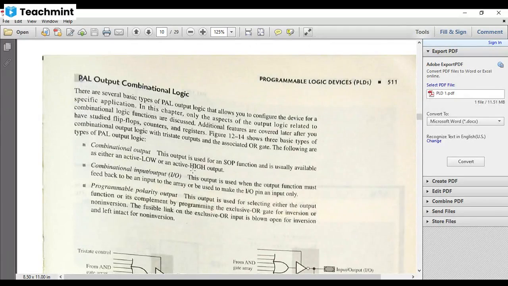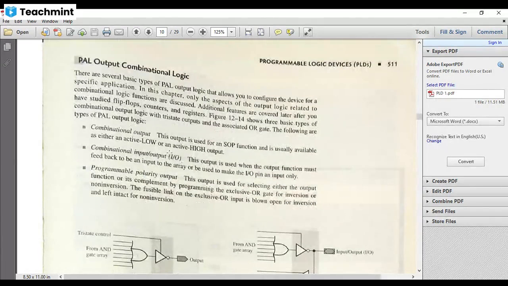Here we require some additional devices, such as flip-flops, counters and registers, okay. These are additional devices we are going to study here.